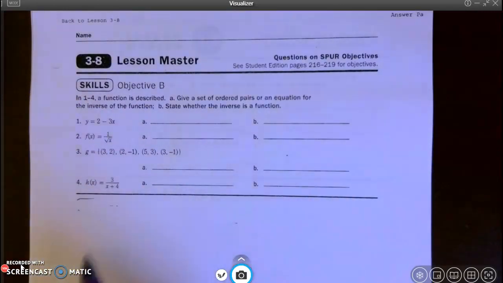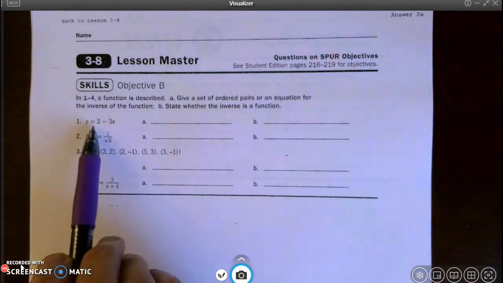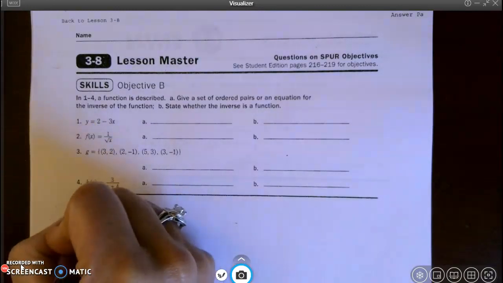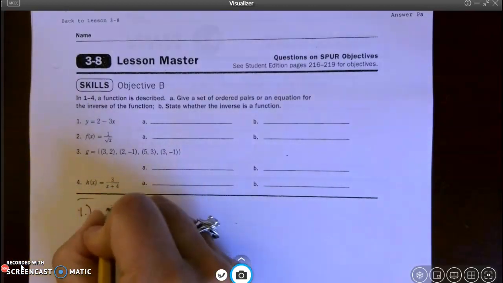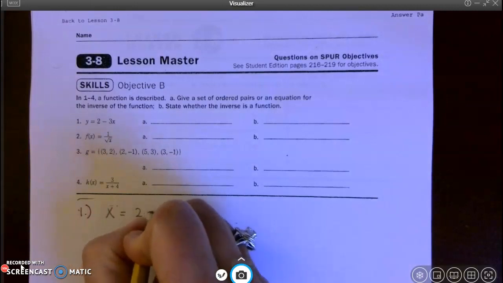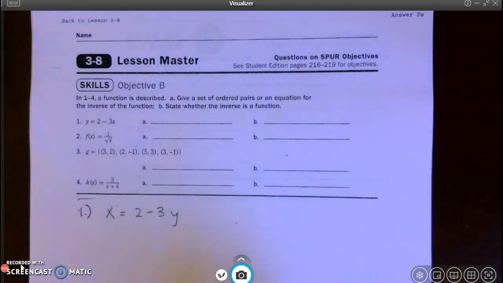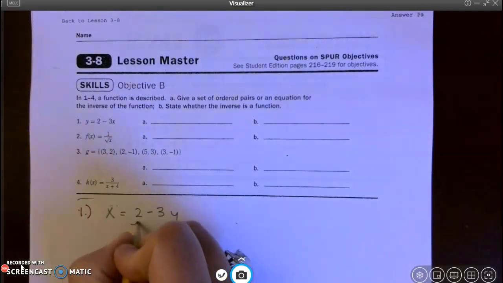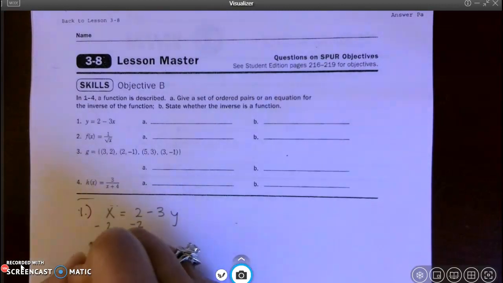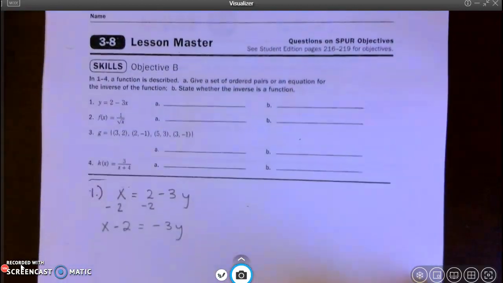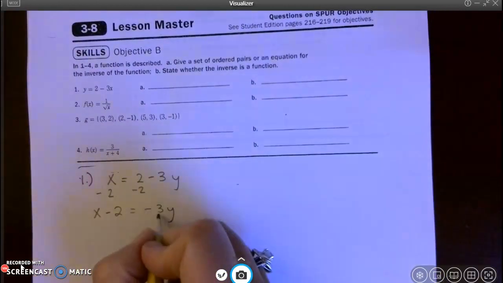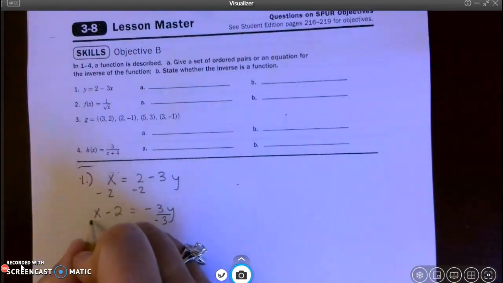This space right here can be used for doing my work. So first of all, number 1, I'm going to switch x and y. So I have x equals 2 minus 3y. I'm going to solve for y. So I get x minus 2 equals -3y. I'm going to divide everything by -3.